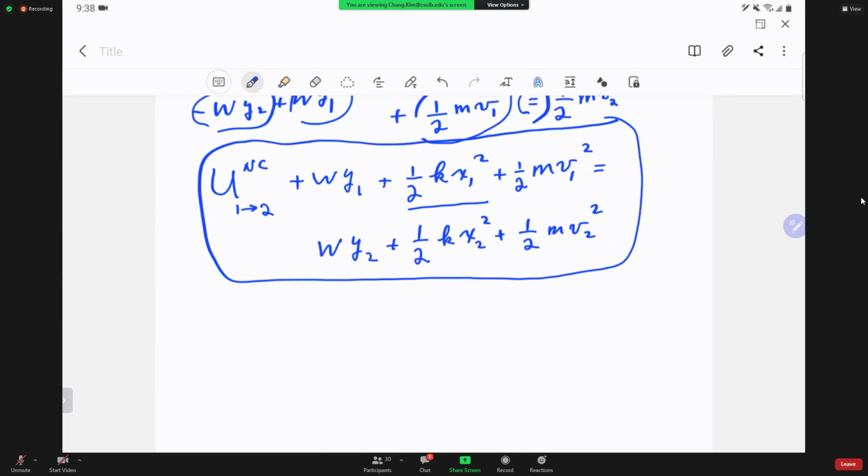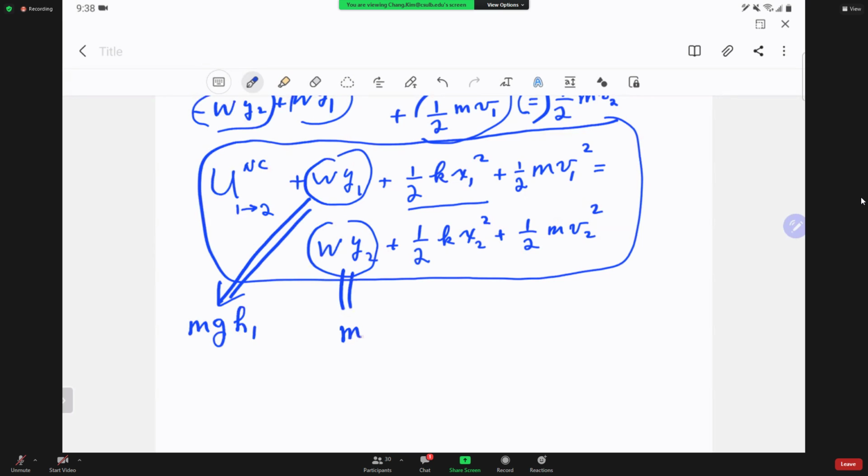Now, sometimes we don't write the weight times y, and sometimes we write this one as mg. y is the vertical distance, the height of 1, and this is going to be mgh2. So you can replace it. Everything in here is all the parameters.